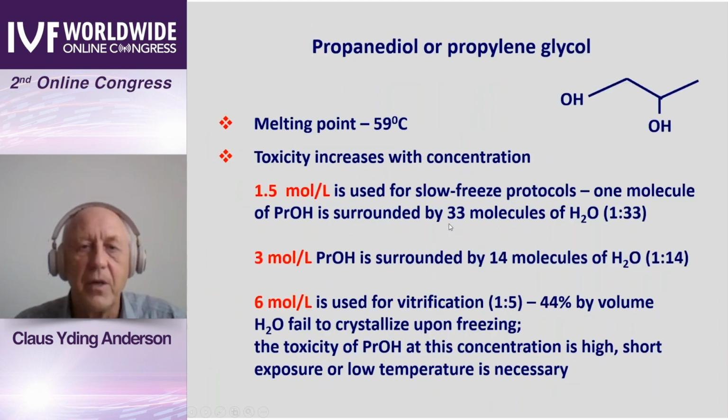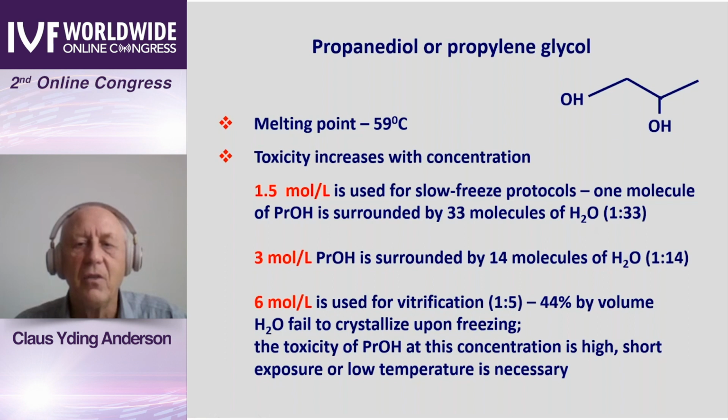And if you look at it, for instance, propylene glycol, it has a melting point of minus 59 degrees. The toxicity, of course, increases with concentration. 1.5 molar is what we normally use for slow freezing protocols. If we look at that, then there is one molecule of propanediol surrounded by 33 molecules of water.